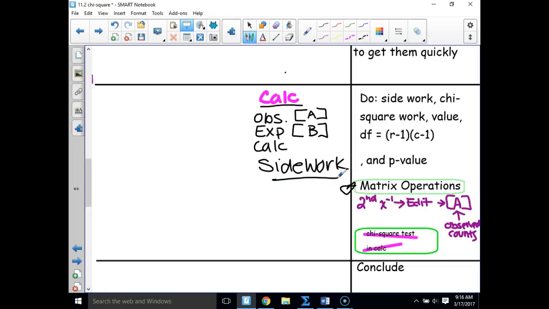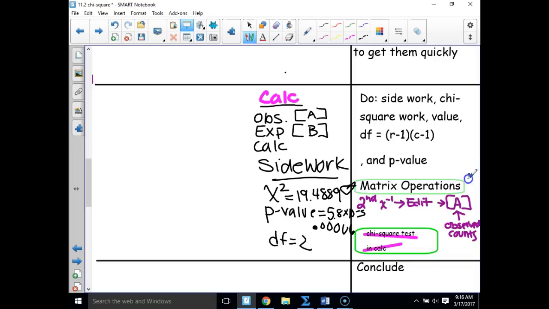Everyone should have calculated. For your side work, I'm going to write my chi-squared value, which is 19.4889. My p-value is equal to 5.86 times 10 to the negative 5, which means 0.00006. And my degrees of freedom is 2. So what did I do first?